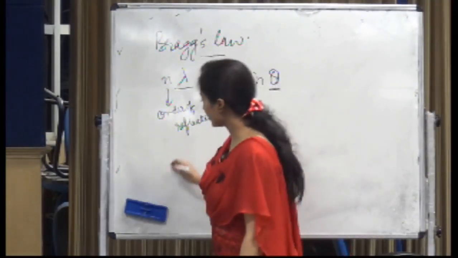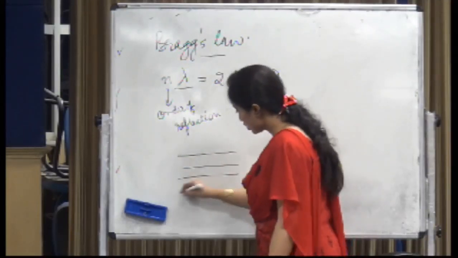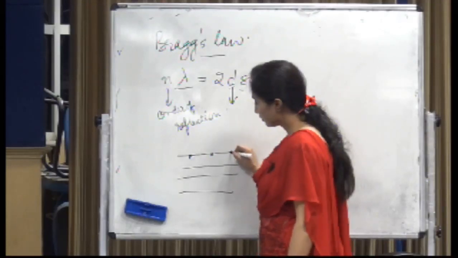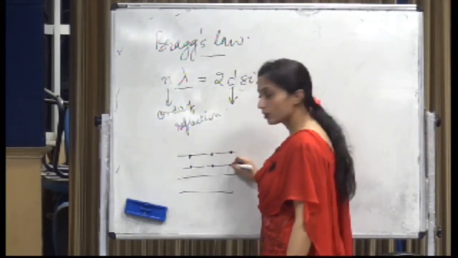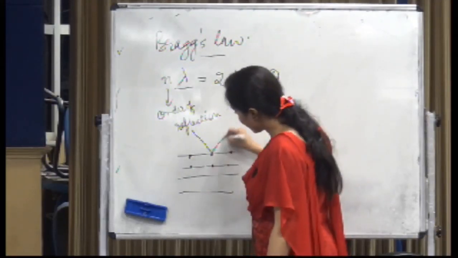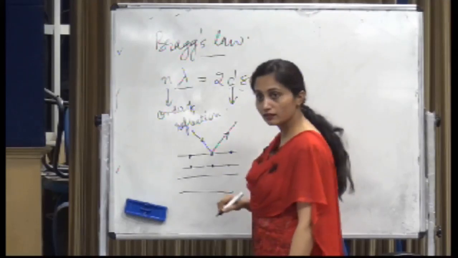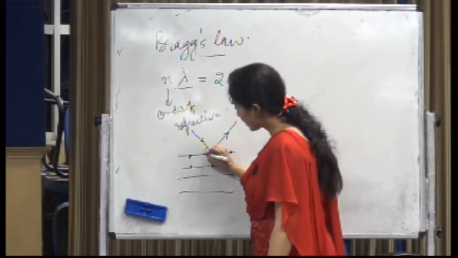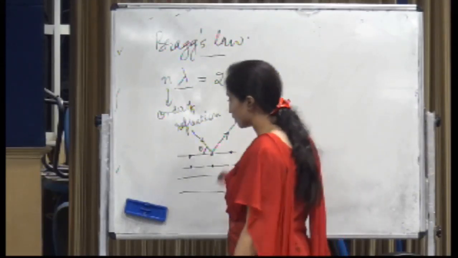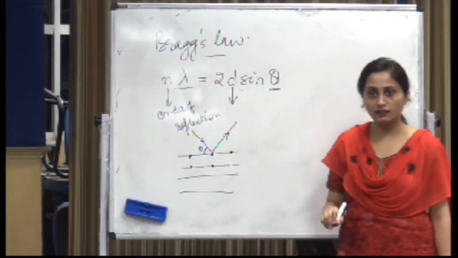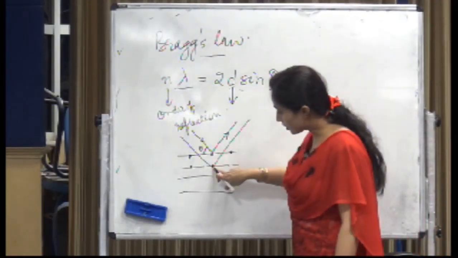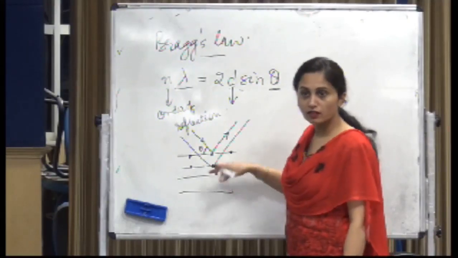Basically Bragg's law is to define, like these are the layers of our unit cell, solid state and crystal lattice, and these are the atoms, see here quickly. So if my incident radiation is coming like this, then theta is the angle that your incident radiation is making with the plane of the solid. Okay? And then it will get reflected when it collides with the atom. When will the radiation reflect?